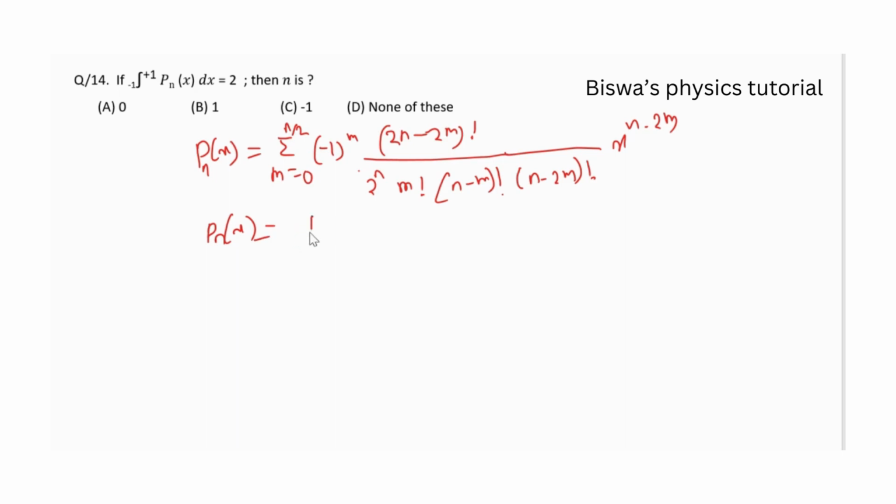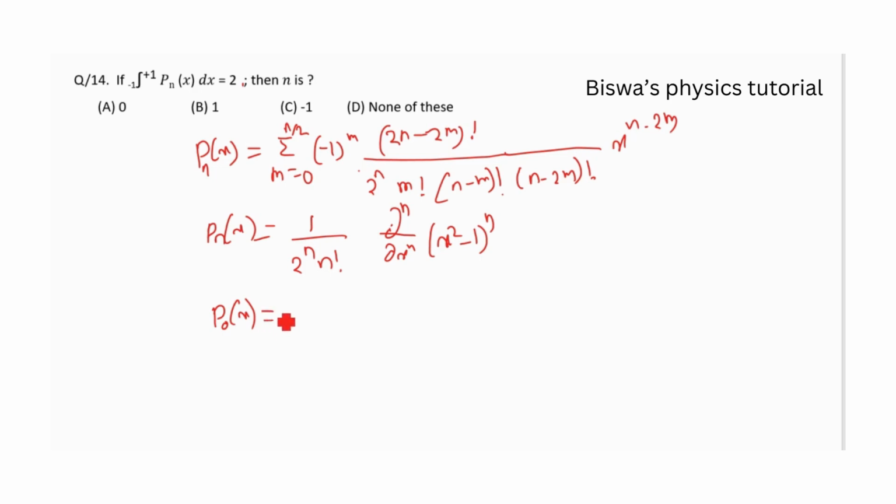It's simply 1 by 2 to the power n into n factorial, d^n by dx^n of (x square minus 1) to the power n.